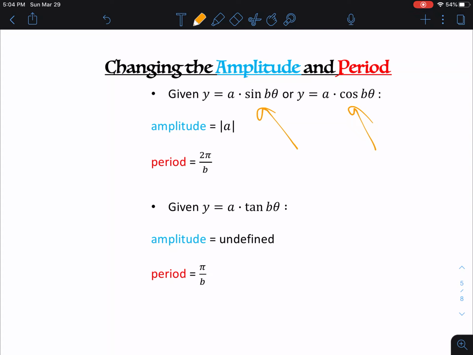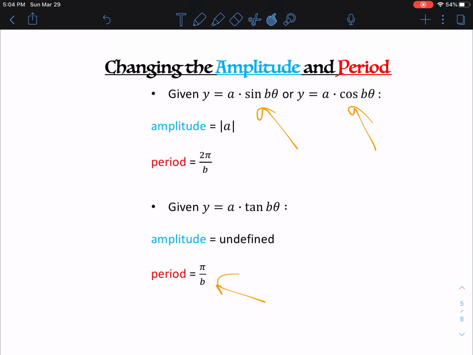The period will be 2 pi, which is the usual period, divided by whatever's in front of theta, which should be your b. For tangent, your amplitude, remember, is undefined, but the period for tangent is pi, so you're going to figure out your period by going pi divided by b instead.